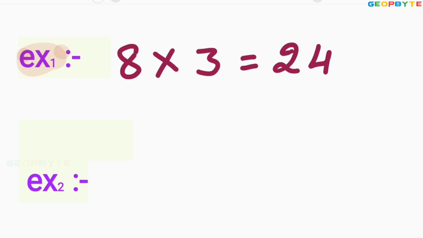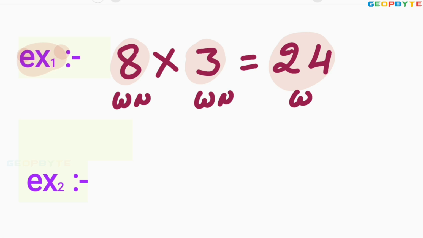Dear children, this 8 is a whole number, 3 is a whole number, 24 is also a whole number. It means the product of any two whole numbers is also a whole number. Let us write clearly, whole number multiplied by whole number is equal to whole number.